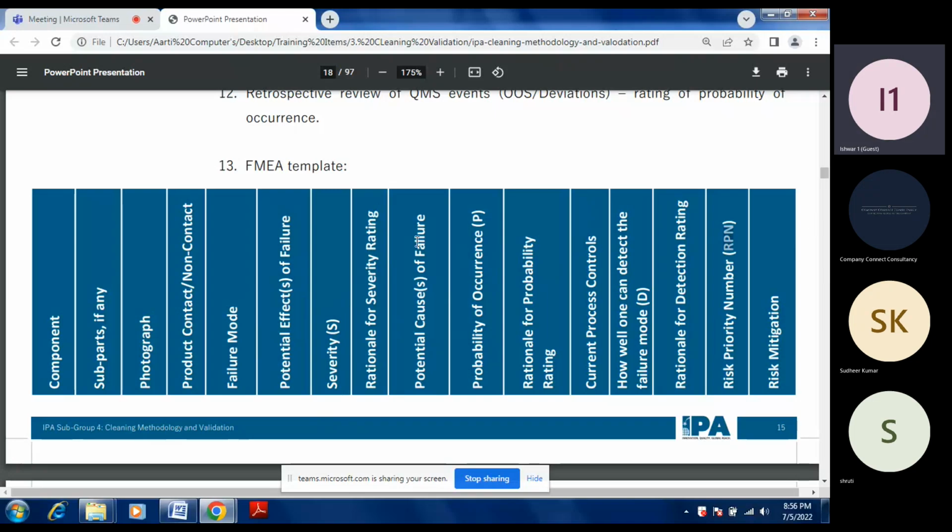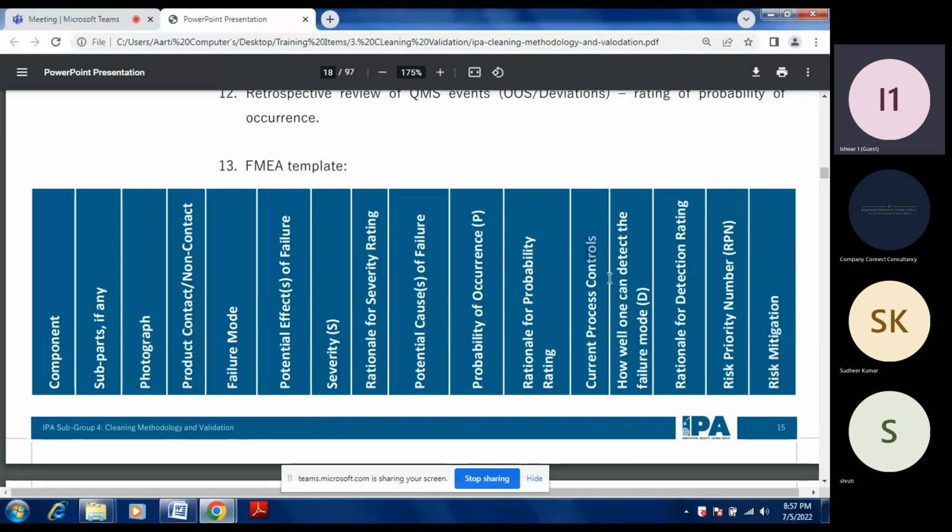If severity is 1, probability is 1 and detectability is 1, then our total RPN number will be 1. Based on that, we can conclude that all current control measures are available and sufficient. If the number is more than the limit, then we have to plan risk mitigation.